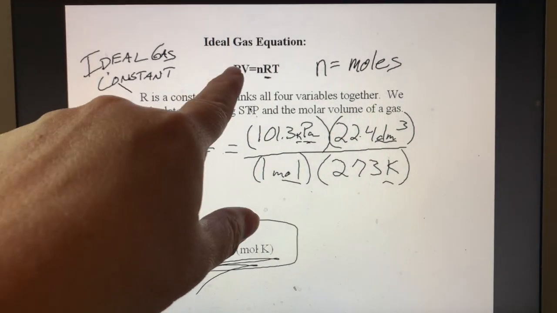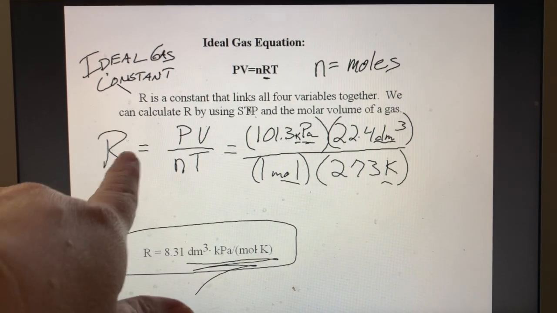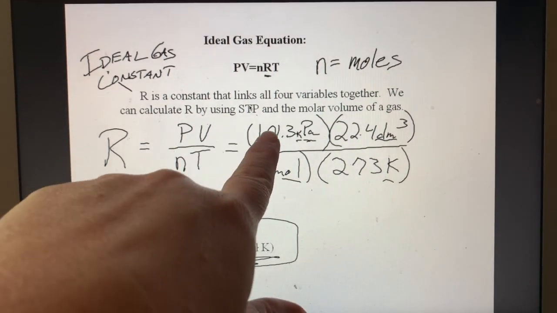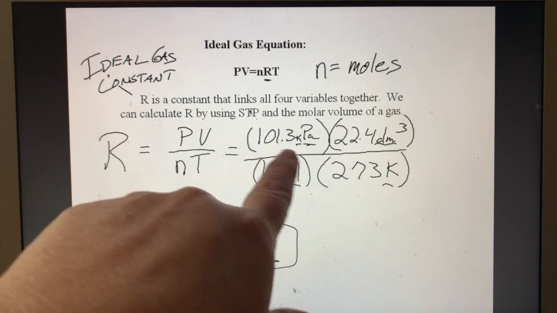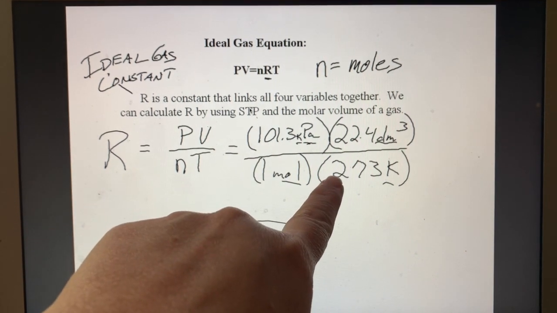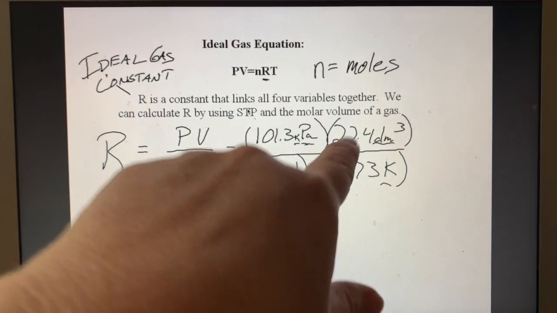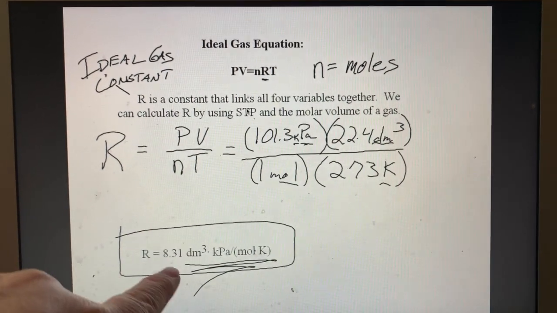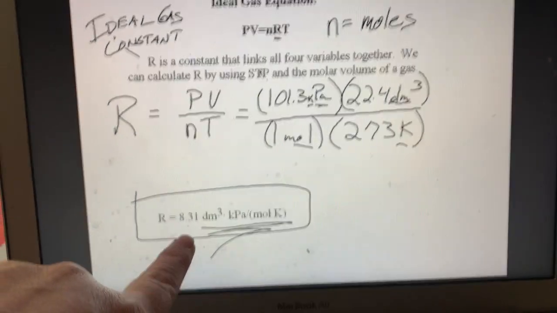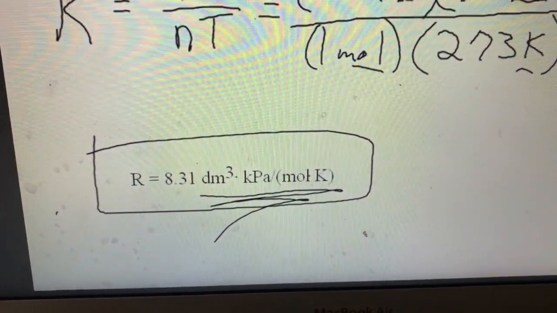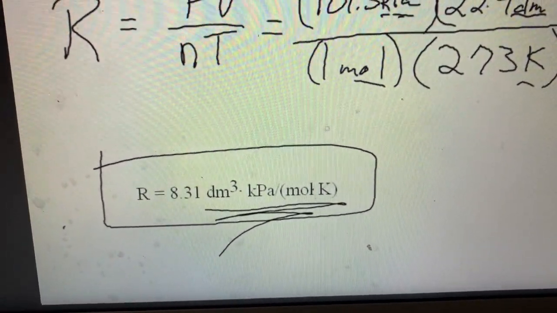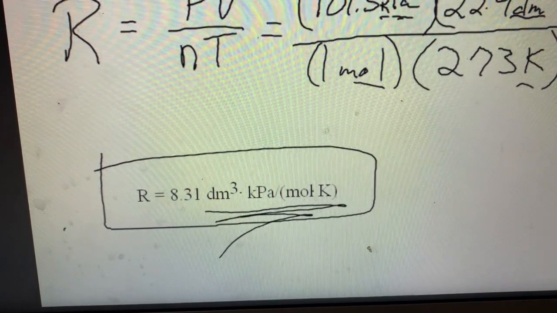But if we use this equation and solve for R, putting in standard pressure, standard temperature, and Avogadro's principle, which is that 1 mole of any gas is going to have a volume of 22.4, we get this constant: 8.31 decimeters cubed times kilopascals over moles times Kelvin.